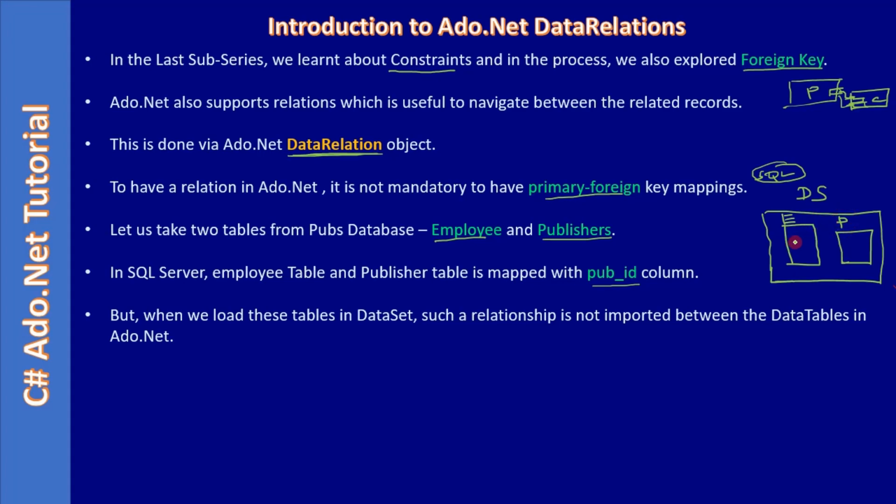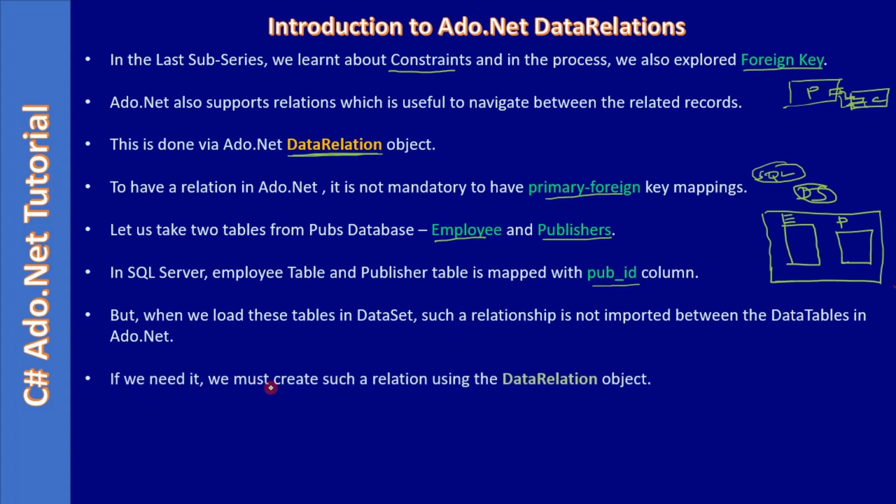In database, we saw that there was a relationship between employee and publisher based on publisher ID. But when loading the data here in the dataset, we will not see this relationship between employee and publisher. So it will not exist by default, and we have to establish such a relationship in ADO.NET.